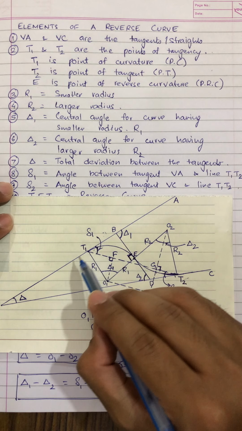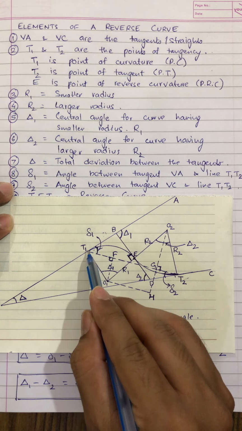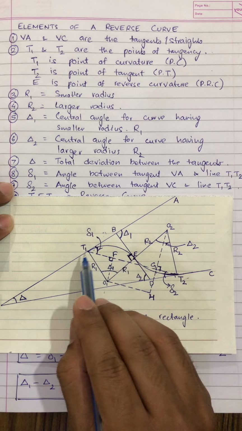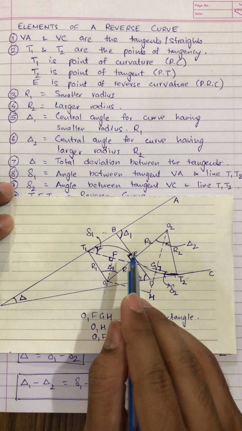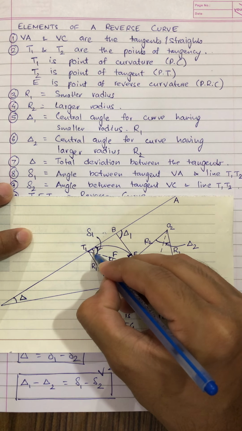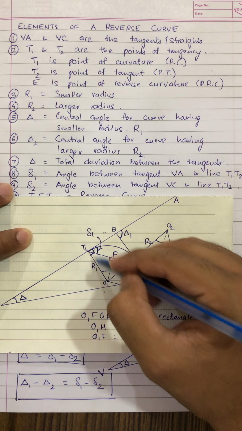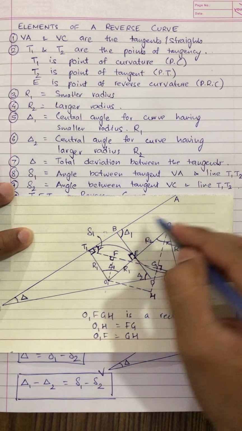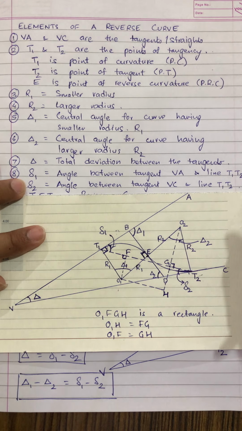Now we know that this VA is tangent to this curve T1E. As this is tangent, it should be perpendicular to the radius. This tangent should be perpendicular to this radius.